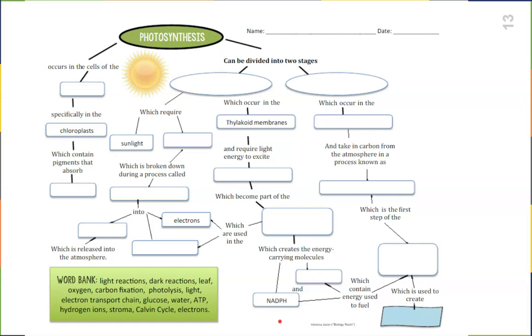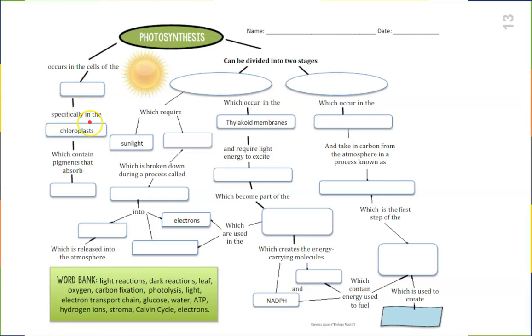All right, so let's take a look at our graphic organizer. We're going to fill in this box here and this box here. So just this line of boxes. Photosynthesis occurs in the cells of the what? It occurs in the cells, use your word bank down here, of the leaf, right? It occurs in the cells of the leaf.